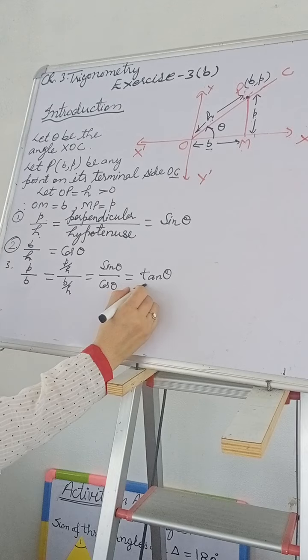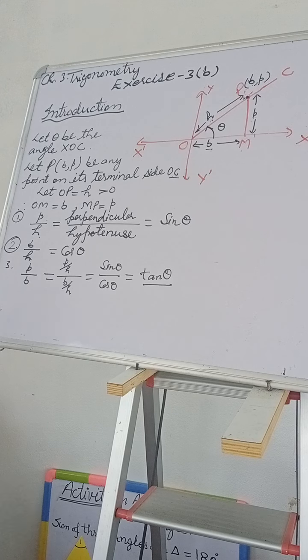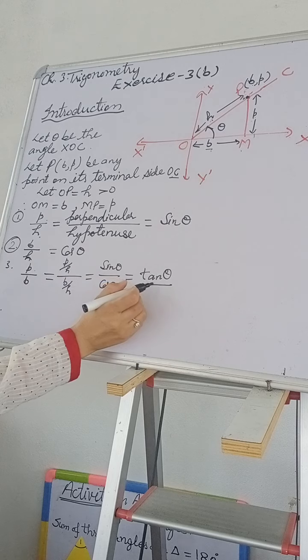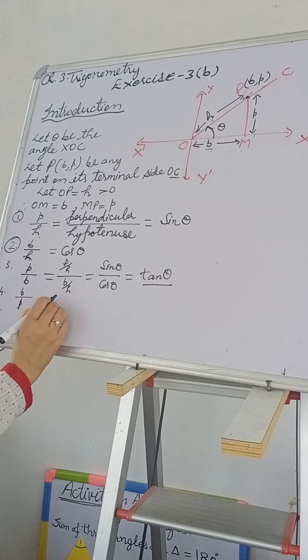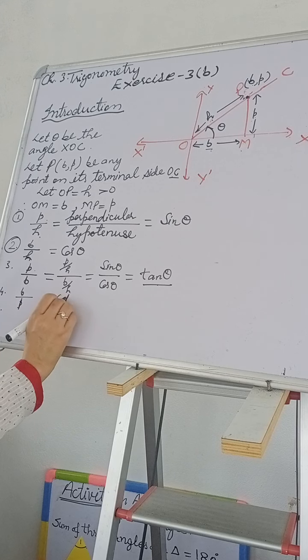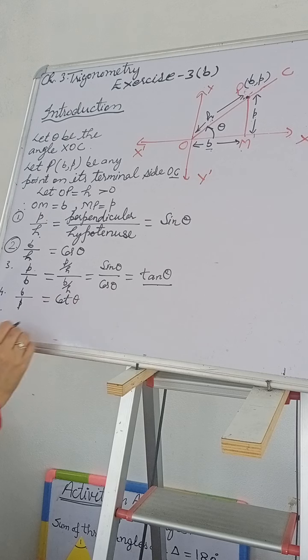This is tan theta, the third function. You should remember these functions. Then the fourth function, the opposite of this one, base upon perpendicular, which is equal to cot theta, cotangent theta.